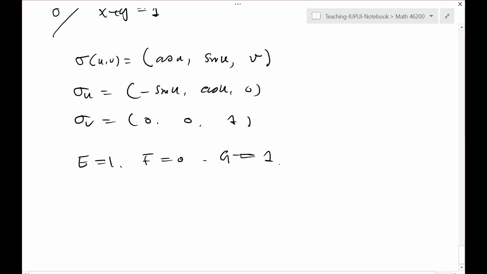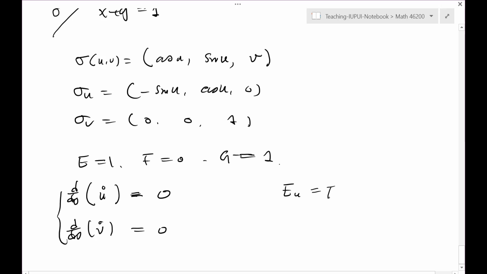For these two equations, I'm not going to compute the gamma ijk here. What I'm going to have here is E_U equals 0, because E, F, G partial derivatives are all 0. So E_V equals F_V equals G_V, they all equal 0.